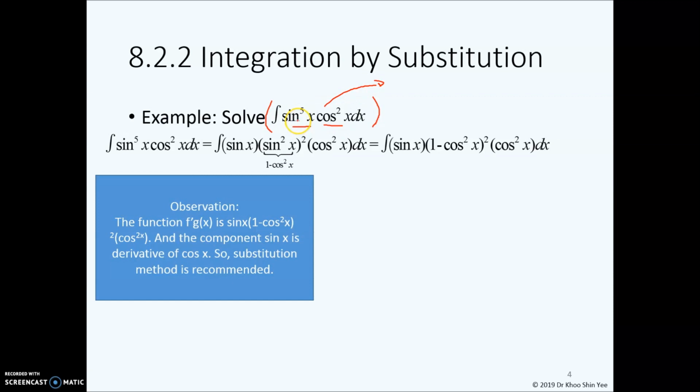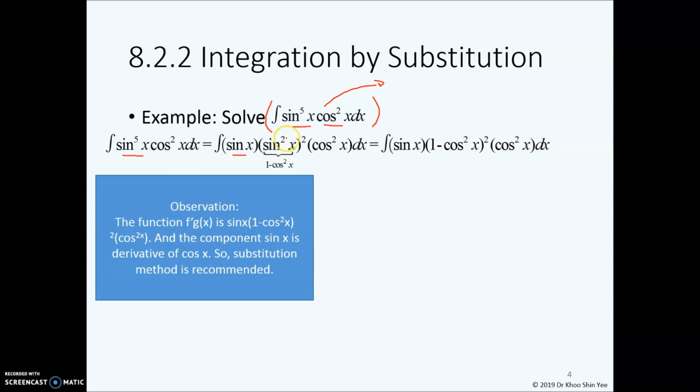In order to do this, we can always refer to the trigonometric identity, where we try to simplify this. So sine to the power of 5x, let's say we separate out: this is sine x, this is sine to the power of 4x.